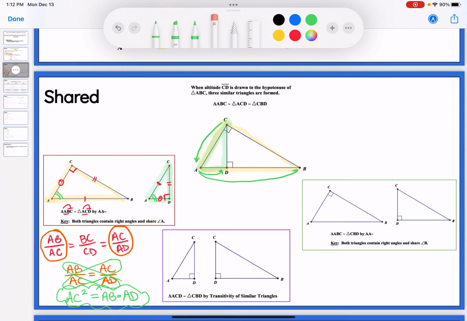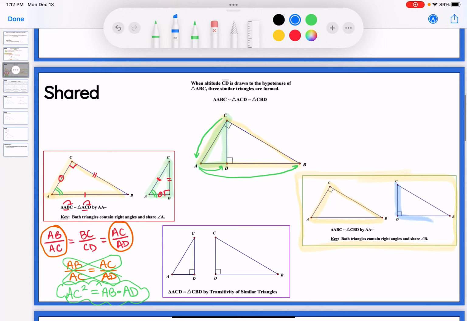All right, now I'm going to leave that one alone for now, and I'm going to come over here to this one, the green one on the right, okay? So same kind of idea, right? Now I'm looking at, again, my big triangle and my triangle on the right. And again, those are similar because they share angle B. So my right angles are congruent, and they both share angle B, which means they're similar by angle-angle similarity.